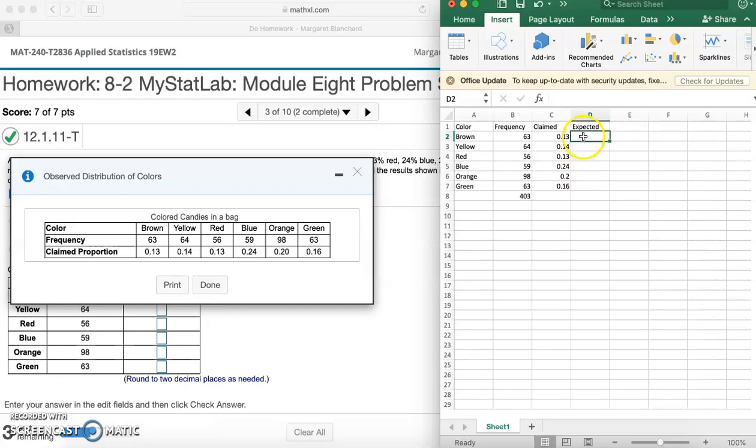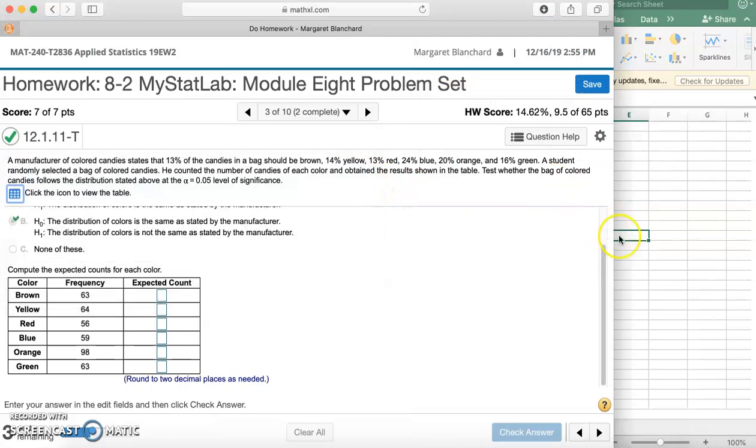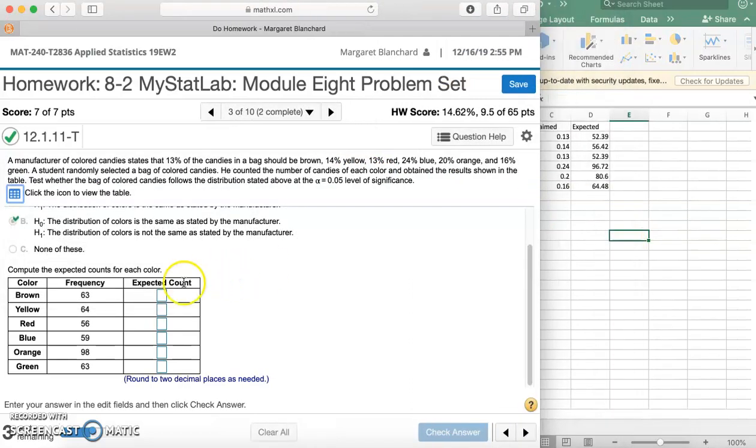To find those expected counts, we multiply this proportion by that total for all of these. So that equals this times 403, and we just drag that down for all of those. That gives us our new expected counts. Now I'm going to type those in here.